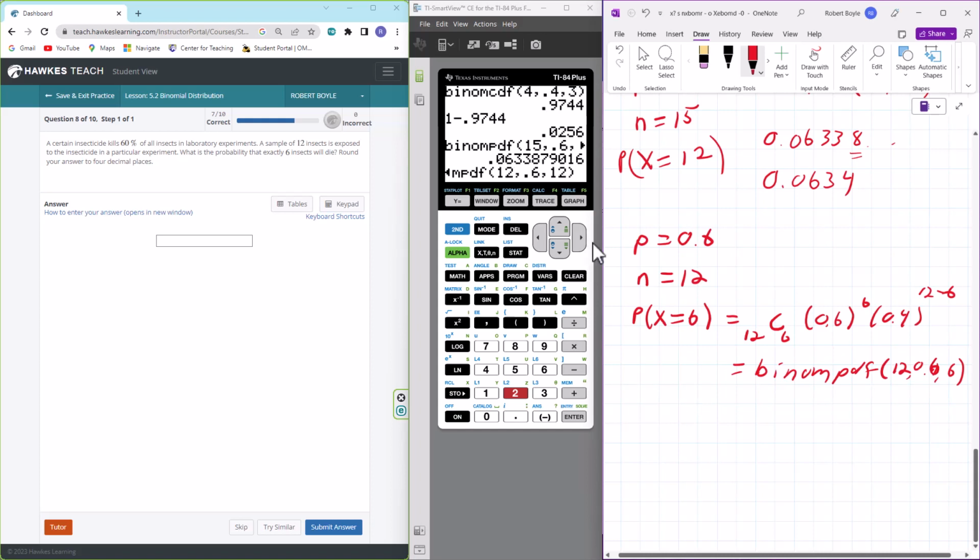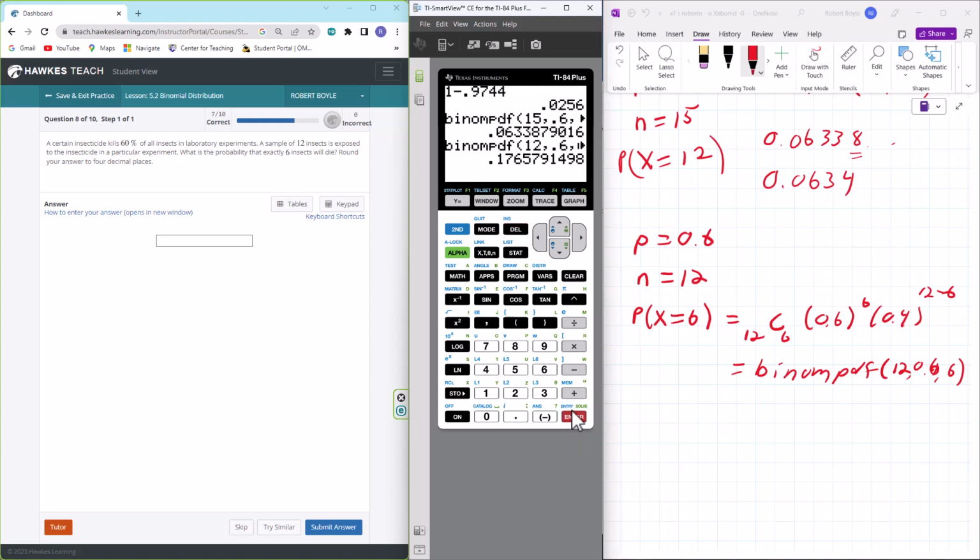Leave the 0.6 the way it is, and then change the 12 to a 6. We can do that by typing 6 and then just hitting the delete key. Okay, hit enter, and that should be our answer. Our answer is going to be 0.17657. Our fifth decimal place is 5 or greater, so this is going to be 0.1766.